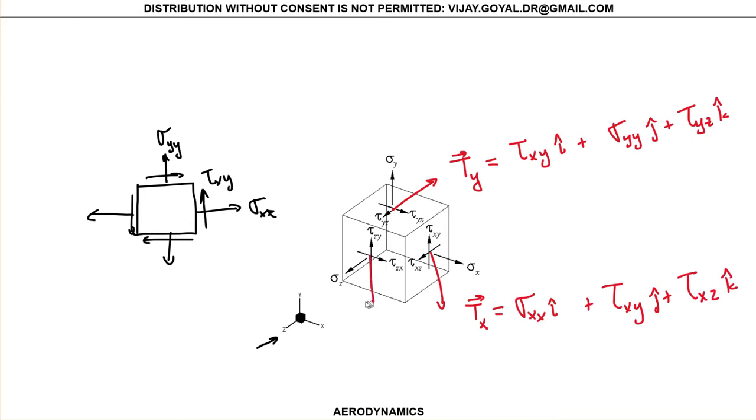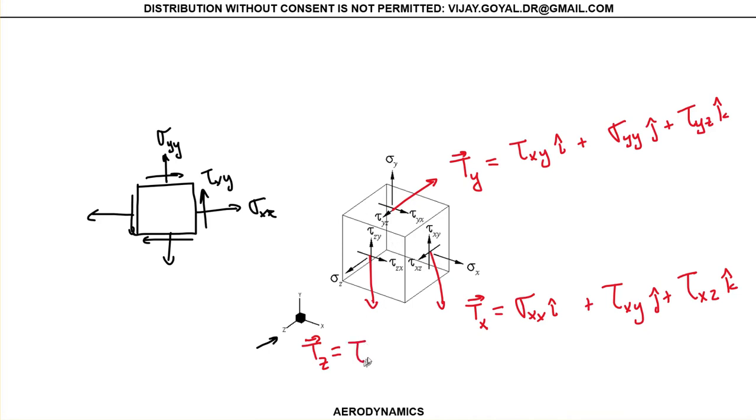And then here you have another resultant, and that resultant will be in the z plane. So that's what we call it z. Oh, wait, let's start with x.